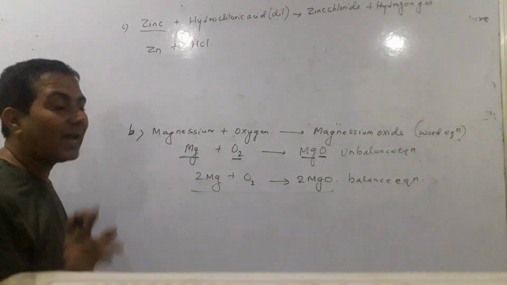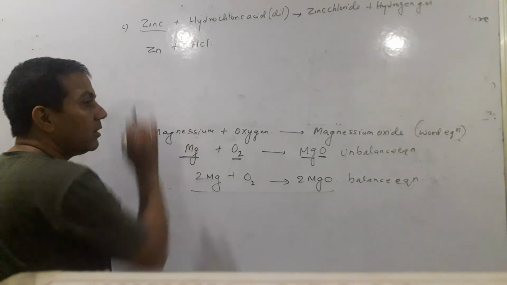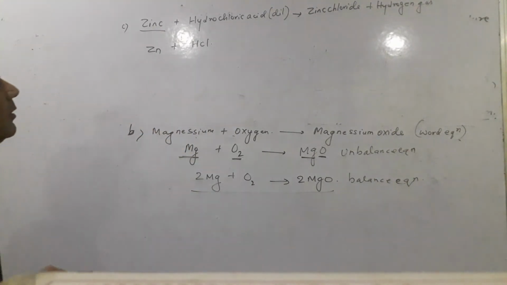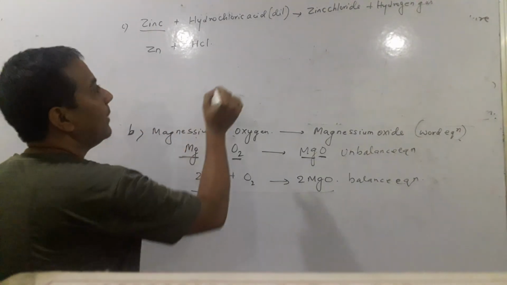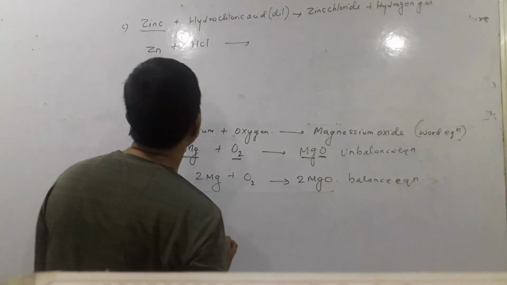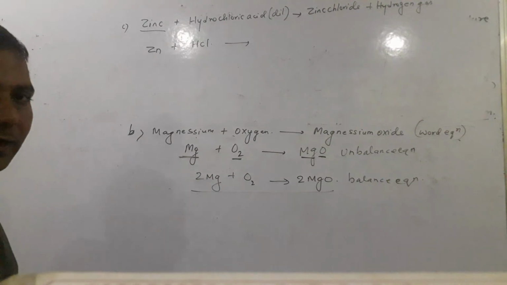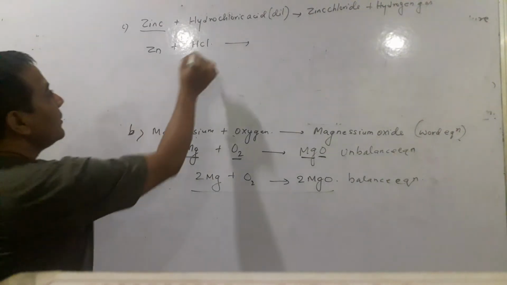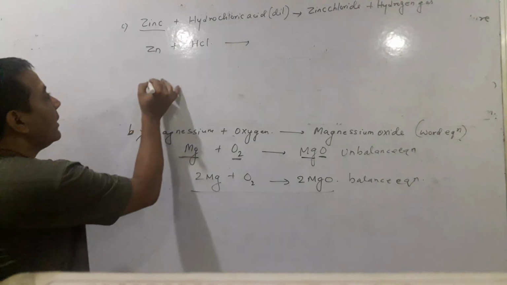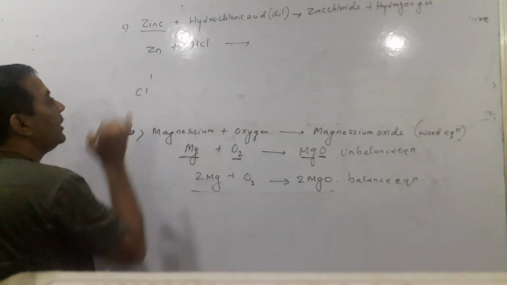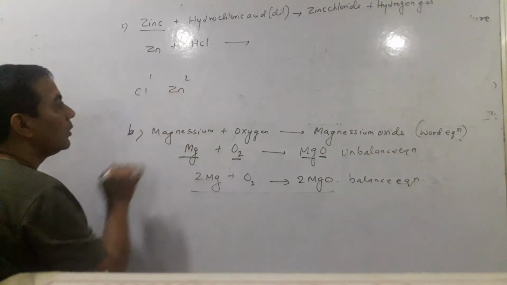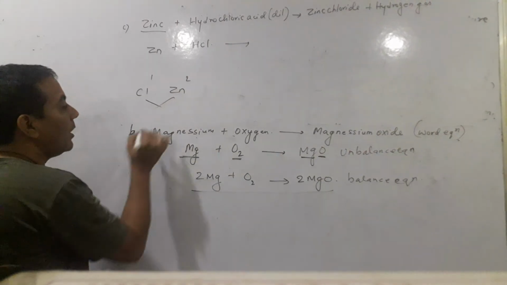So that's why I said that you must know the molecular formula or symbol and the valency. Now comes zinc chloride. What is the valency of chlorine? It falls under group 7, therefore the valency of chlorine is 1. Zinc 2. So what will be the molecular formula?